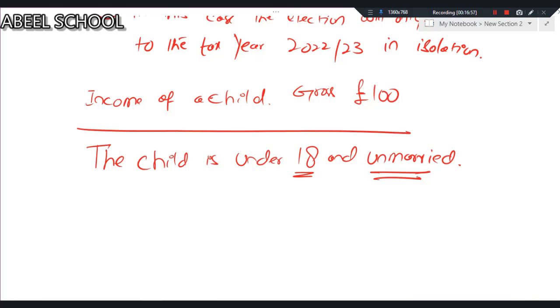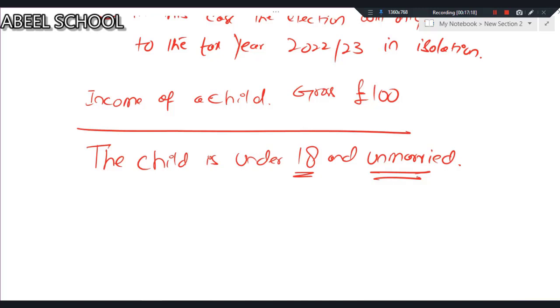If someone is a child, under 18 and unmarried, then the gross 100 pound income belongs to the child. The gross 100 pound income, which is given from the parent to the child, will be treated as the child's income.